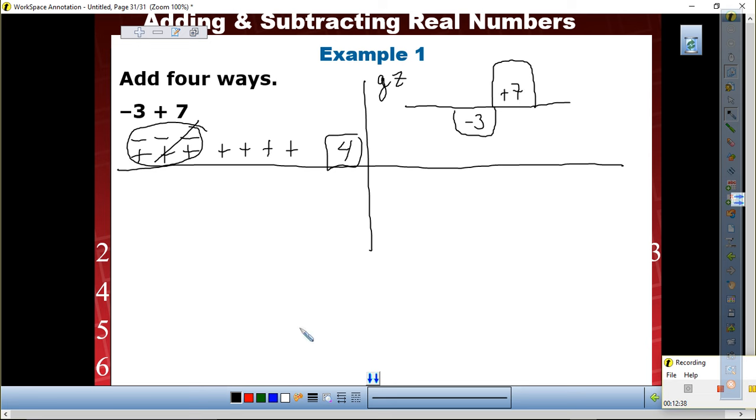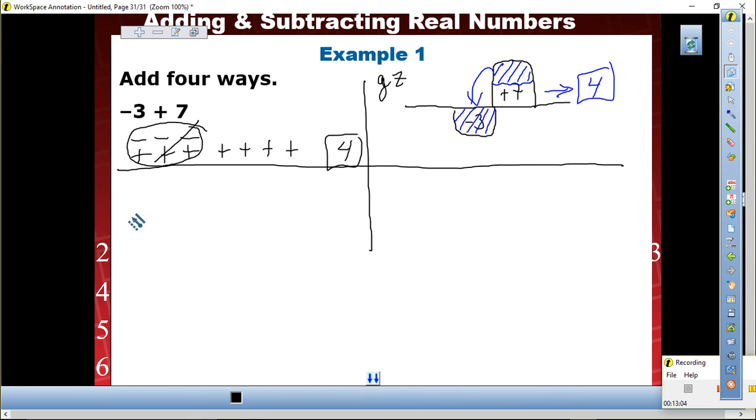So question. Will this whole dirt fit in here? No, only part of it, right? So I'm going to guesstimate that it's about right there. So this, it's going to fill this whole thing. So what's left over here? Positive 4.